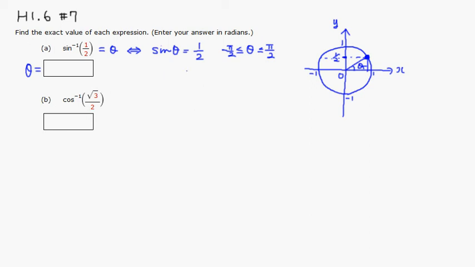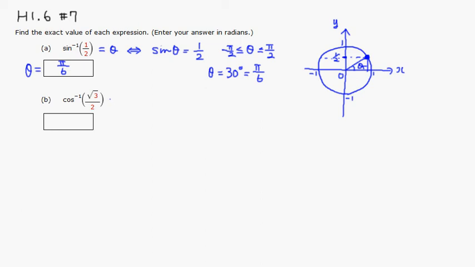Theta is 30 degrees, but in radians this is pi over 6. So therefore, theta is pi over 6.